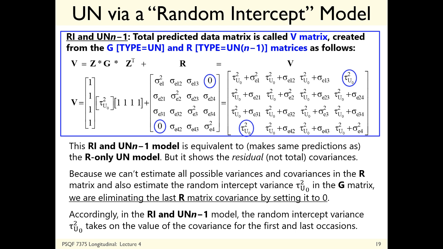Now that might sound crazy. What, you're saying that the first occasion and the last occasion aren't related? That's not what I'm saying. I'm saying they're not related anymore after taking out the random intercept. Because when you put it back together again, V is the total.